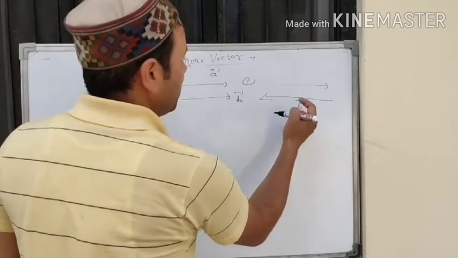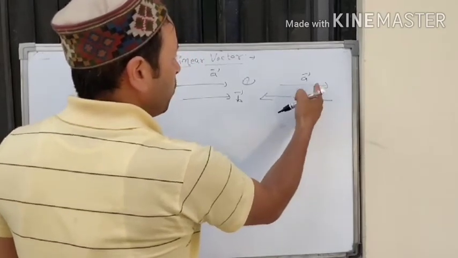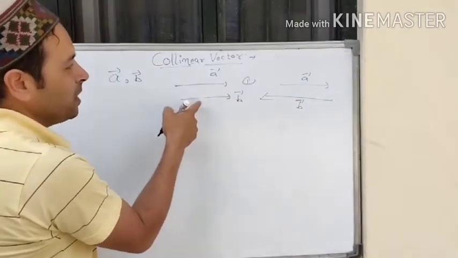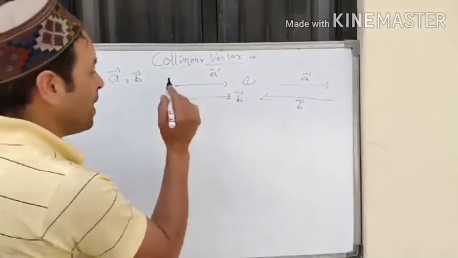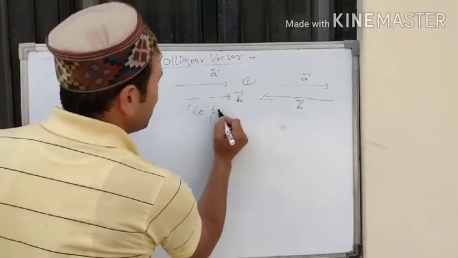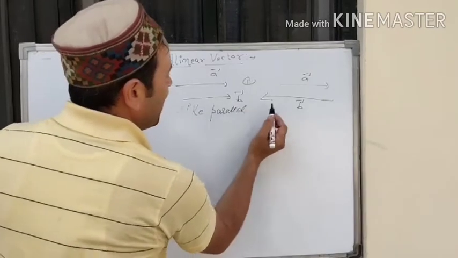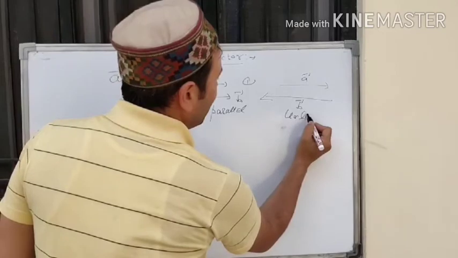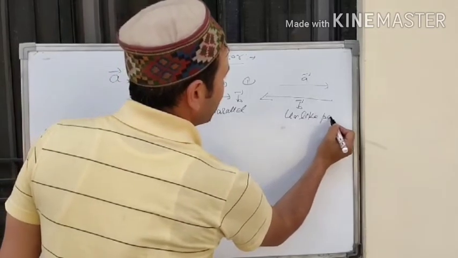Means B vector, A vector, both are unlike parallel, and this is the situation in which both are like parallel. So this is the situation known as like parallel, and this is the situation in which both vectors are unlike parallel.